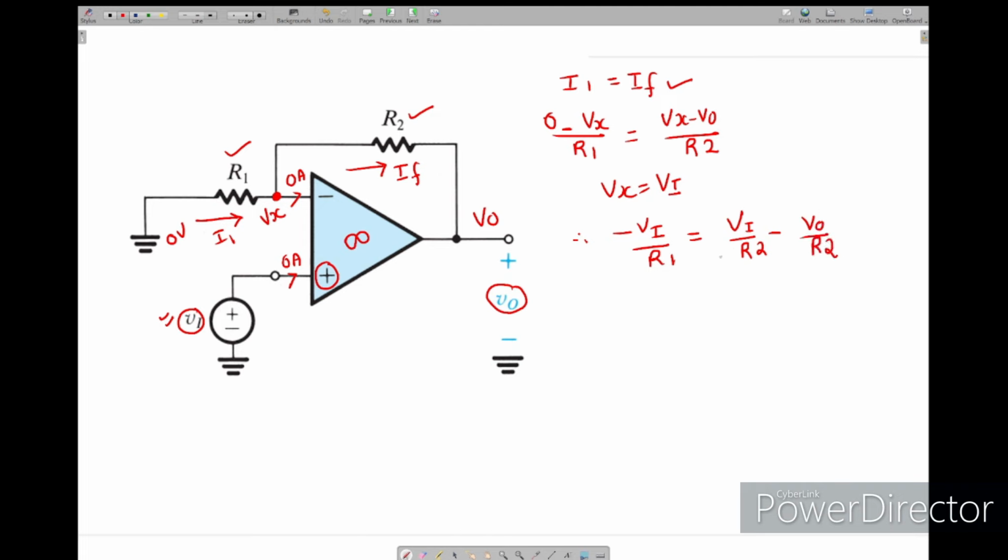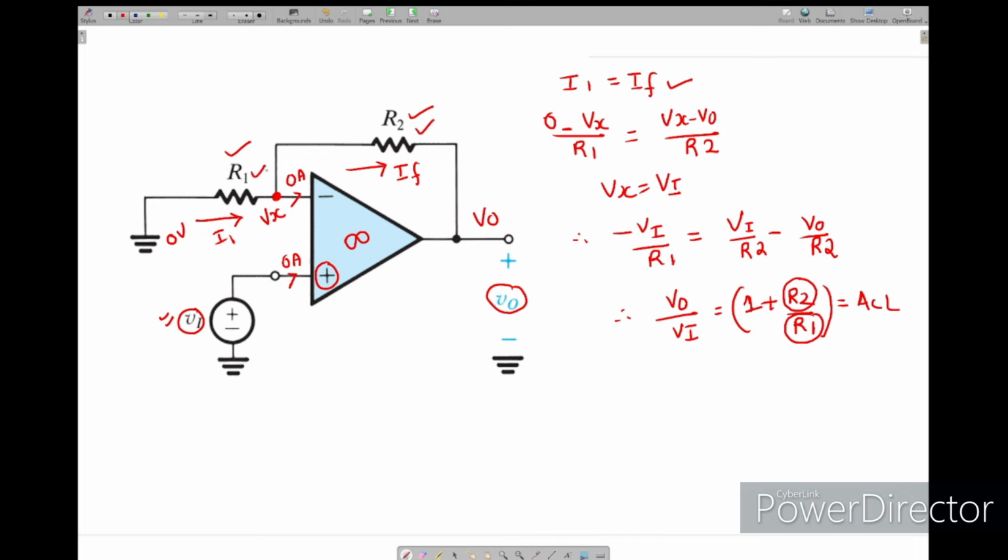If we rearrange this equation, we end up with V0 divided by Vi equal to 1 plus R2 divided by R1. This is the equation for the closed loop gain of the non-inverting op amp. Again, the gain is controlled by the R2 and R1 resistors.